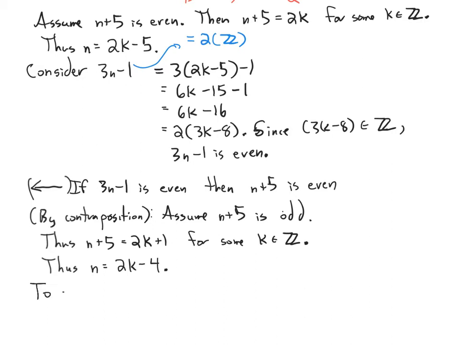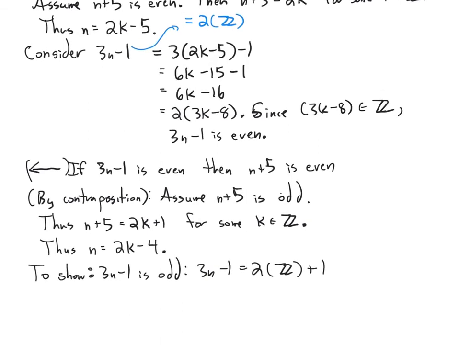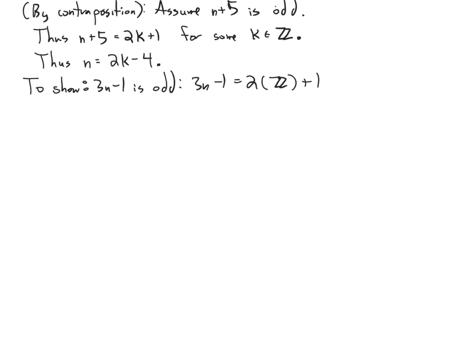So to show, I'll write this down because we're doing the contrapositive, 3n minus 1 is odd. So 3n minus 1 is 2 times some integer plus 1. Okay, so let's go ahead and do this. Let's consider 3n minus 1. This is 3 times 2k minus 4, minus 1.